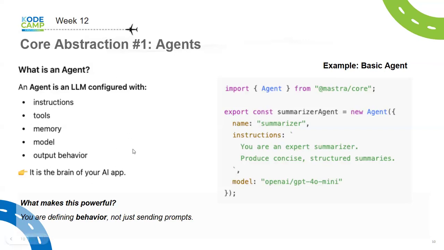So from Mastra's standpoint, the agent is the brain of your app. You always start off with the agent. The agent is the basic primitive. In fact, in Mastra, you will not hear so much about LLM. LLM is absorbed. Think of LLM like a proton in elemental chemistry or physics.